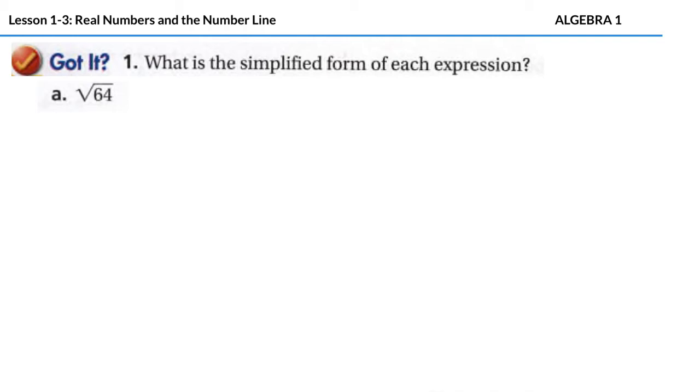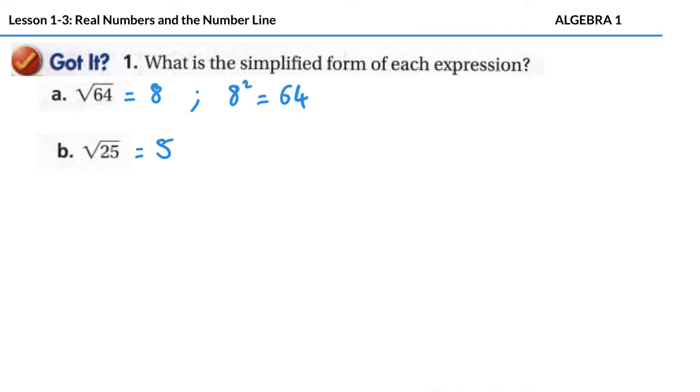Try this. You can pause the video and then try it out and then see how you have worked. What is the simplified form of each expression? Square root of 64 is 8. Why? Because 8 squared is equal to 64. And next, what is the square root of 25?